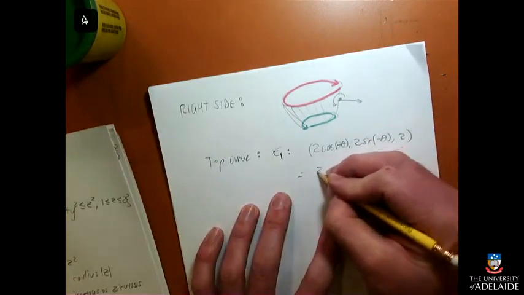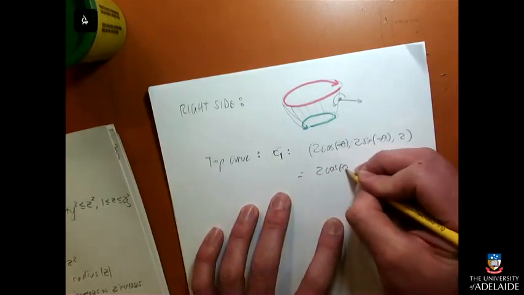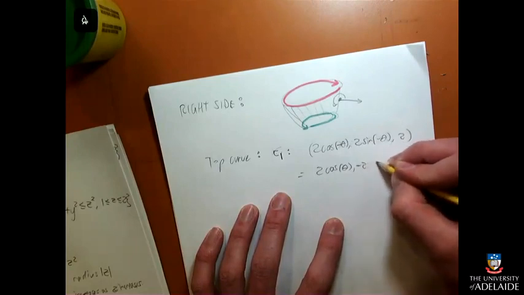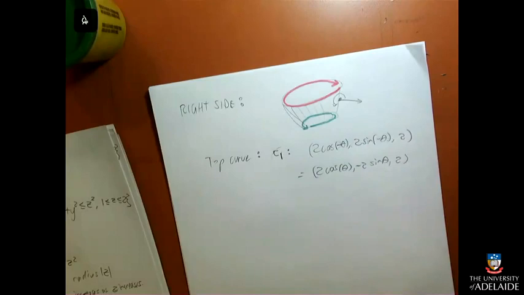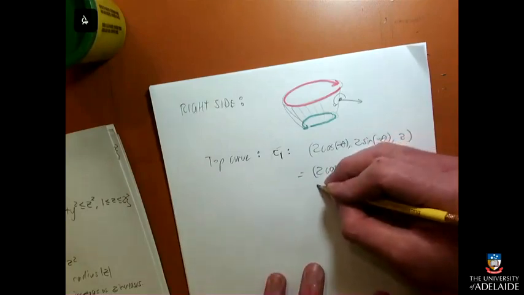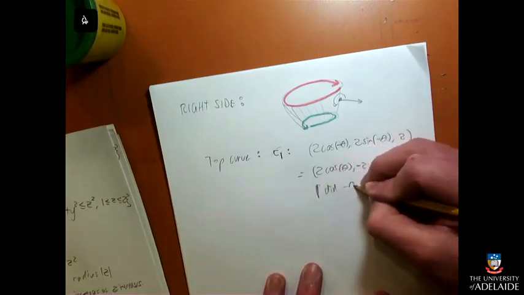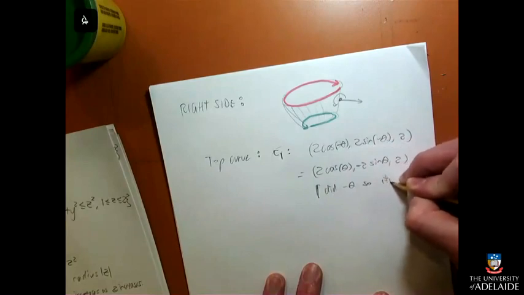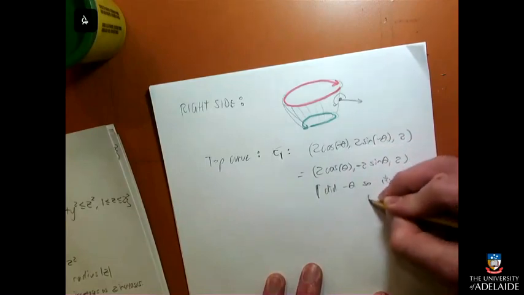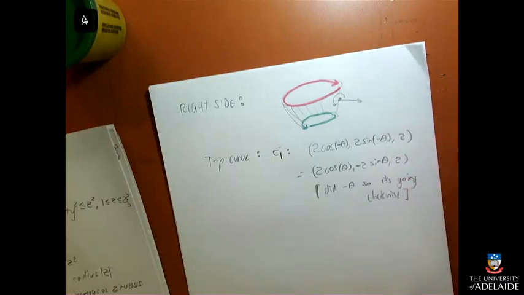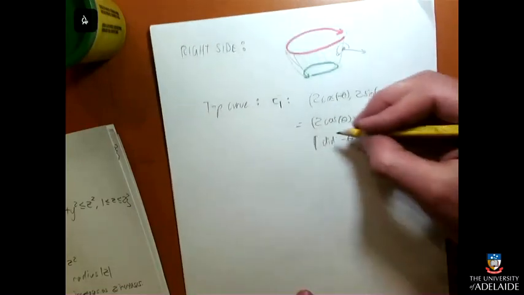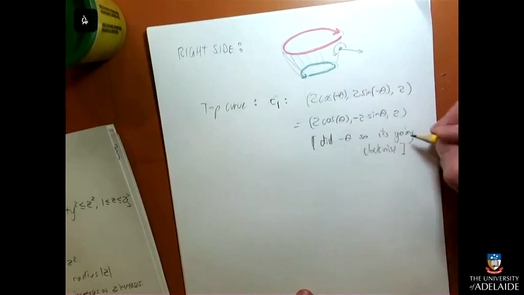Which is the same as just 2 cos theta, minus 2 sine theta, 2. I did minus theta, so it's going clockwise. All right.